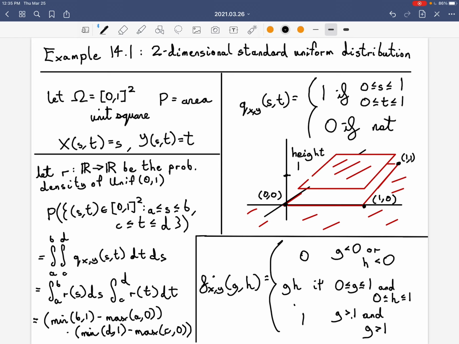probability that a random point in my square falls between A and B and C and D? So the way you want to think about this is I have this kind of infinite floor which is going off in a plane, and then I'm standing at my table and dropping the coin, and the coin is certain to land on the surface of the table, but I have no control over where it lands on the table.